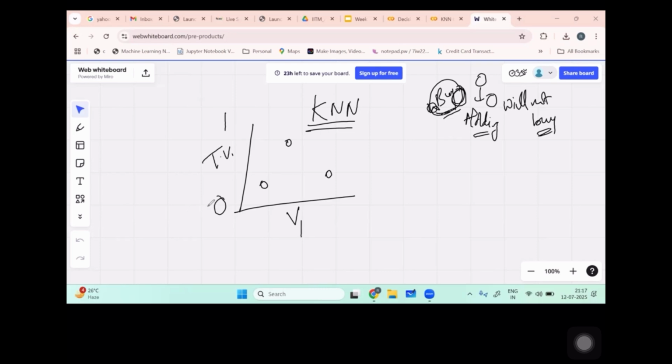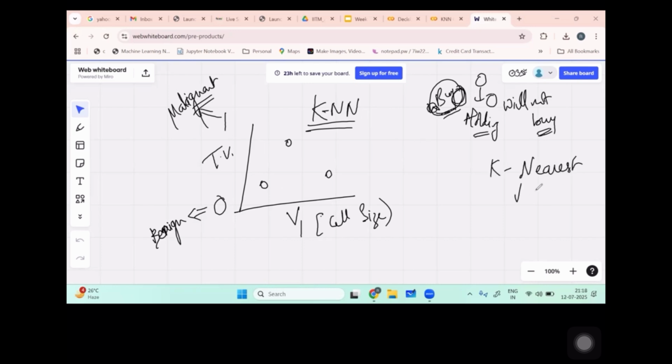So 0 is like all the patients not having cancer, let's say benign. And 1 is malignant, means persons are infected with the disease, having a cancer. This V1 is nothing else but, let's say, cell size. So how do we classify these observations with respect to the k nearest neighbors technique? Okay, k nearest neighbors.